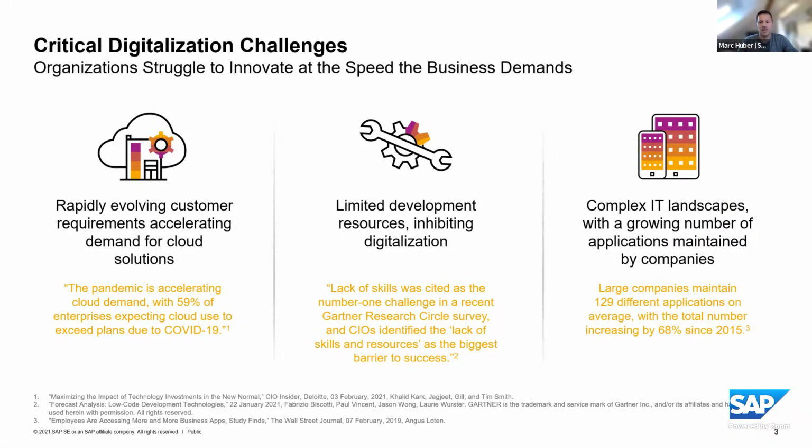The first challenge is that we have very volatile market conditions. So the business requirements are constantly changing and evolving. And this is leading to an insecure economic environment and the pressure to keep up with the dynamic change. One of the best examples is the current pandemic. It increased the demand for digitalization and for adapting business processes quickly.